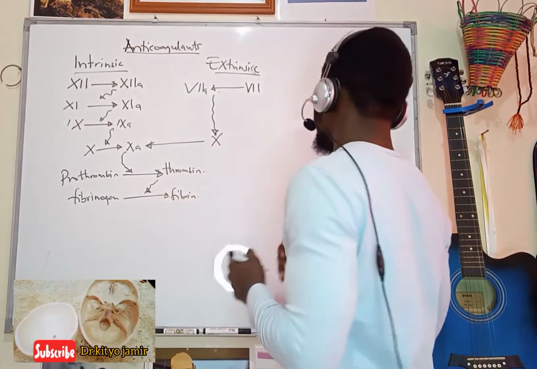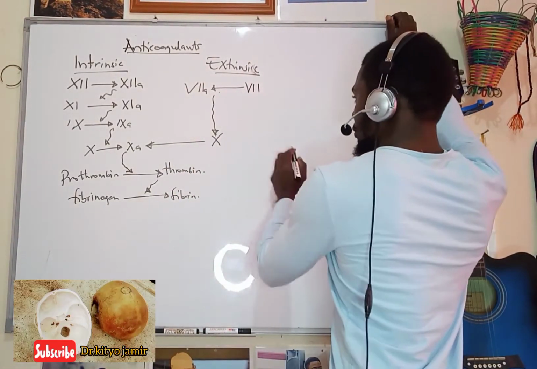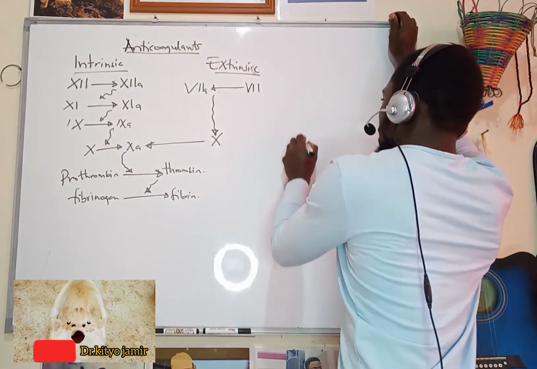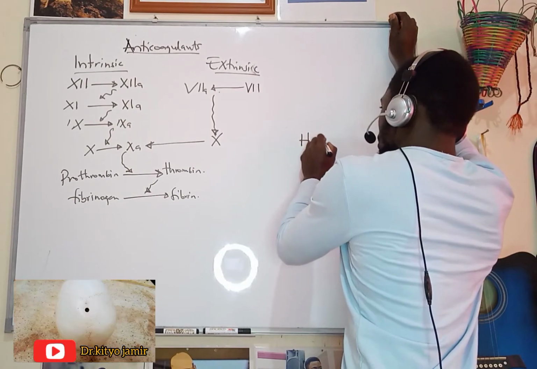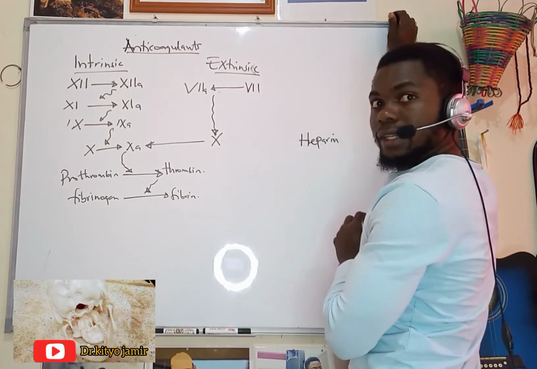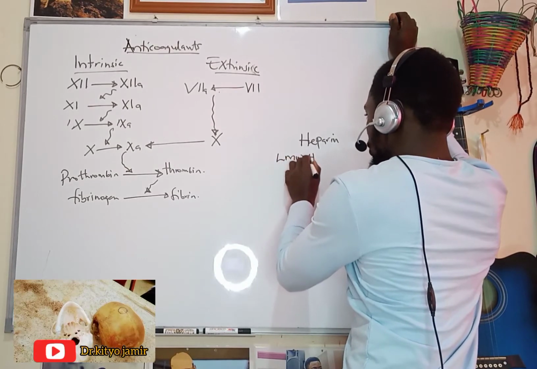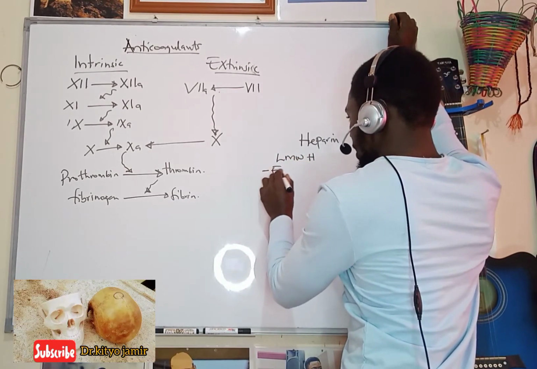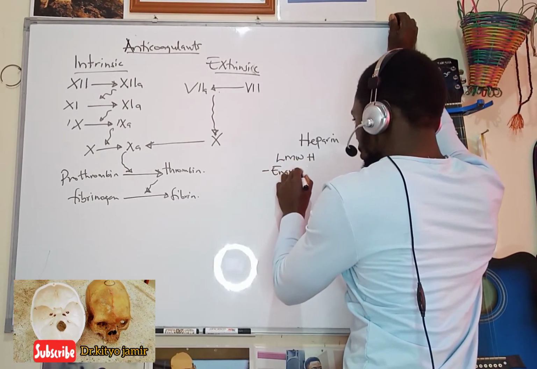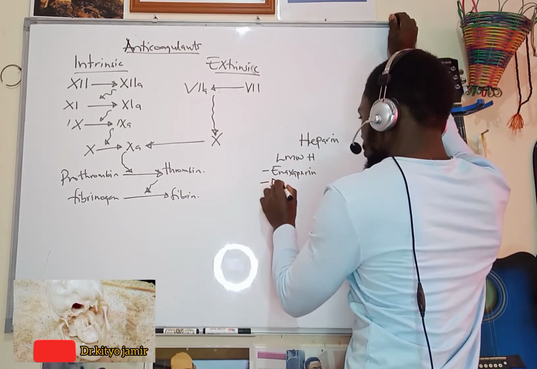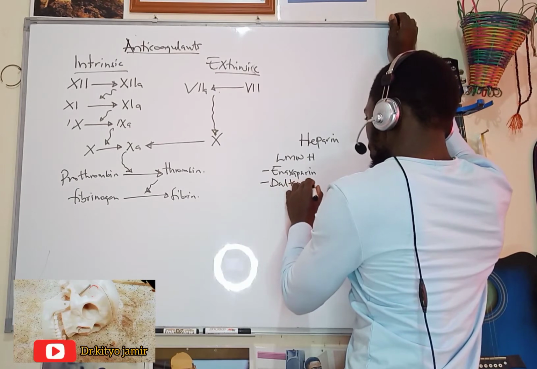For example, the commonest drugs we are going to start with, we have heparin and low molecular weight heparins. Here we have drugs like enoxaparin and dalteparin.